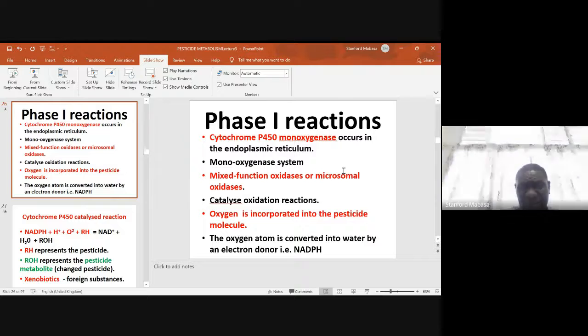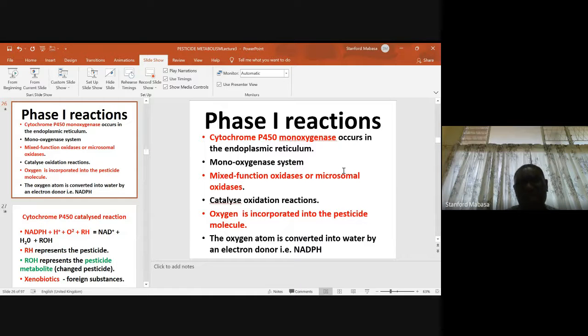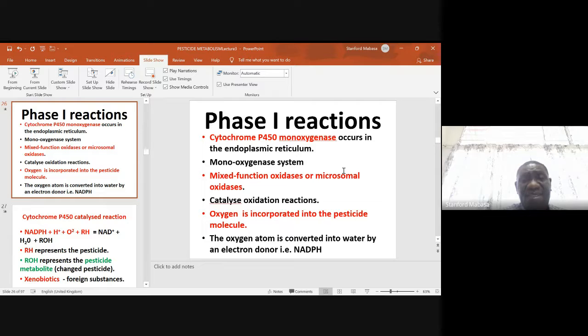Sometimes the same enzyme is known as mixed function oxidase or microsomal oxidase. Basically, the enzyme catalyzes oxidation reactions. In this case, oxygen is incorporated into the pesticide molecule to cause some changes.